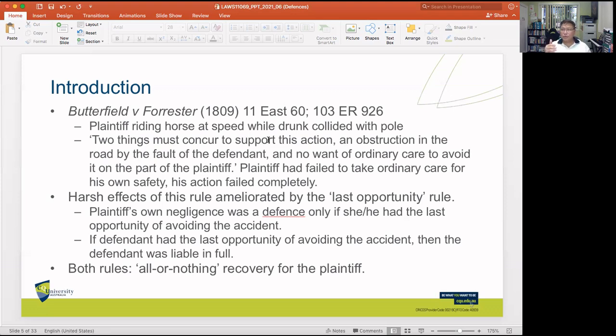Under the last opportunity rule, if another vehicle on the right actually saw the speeding car which was violating traffic rules, and this particular car could have had the last opportunity to avoid the accident but did not, then in that case, under the last opportunity rule, the plaintiff would still be unable to recover, because it was actually the plaintiff who had the last opportunity to avoid the accident. And in that case, under both rules, the all or nothing recovery for the plaintiff would apply.